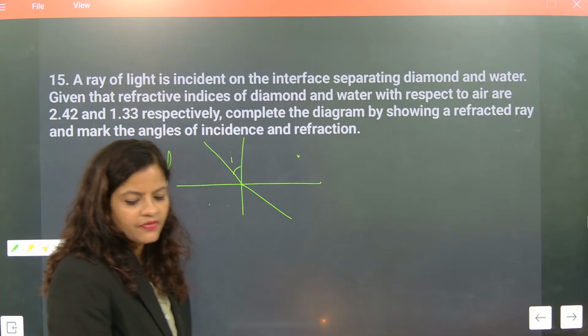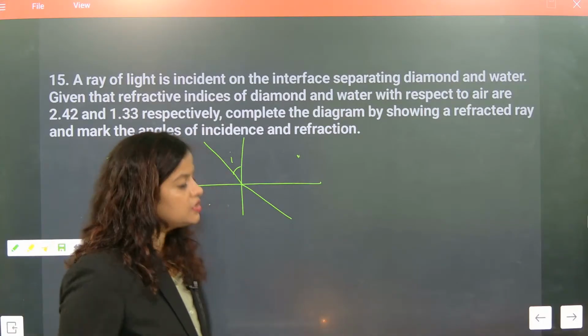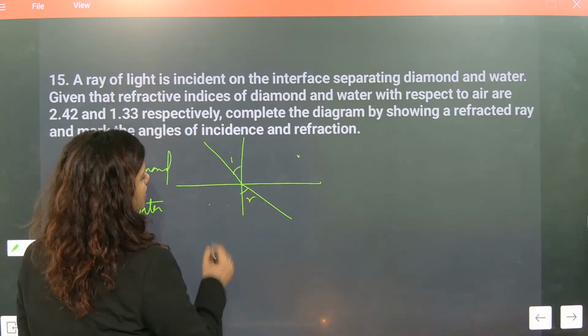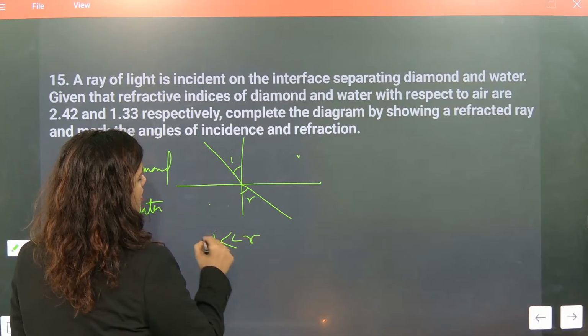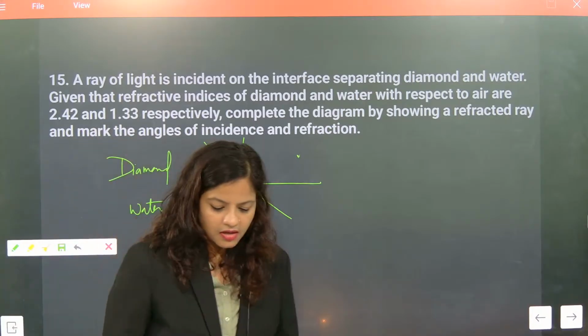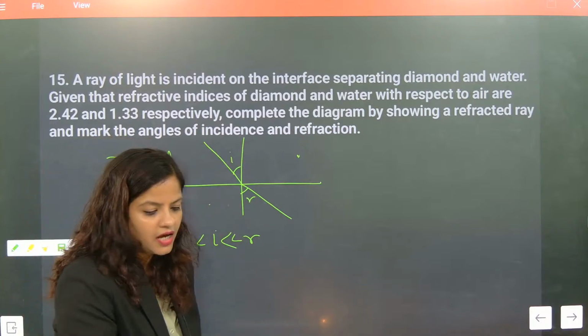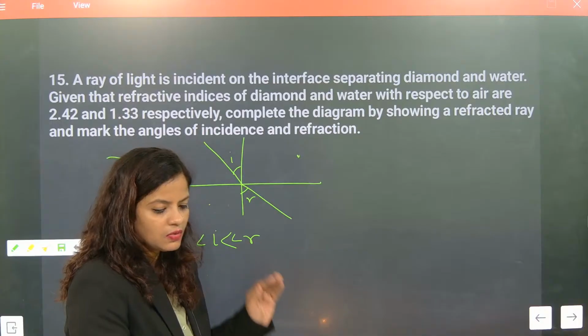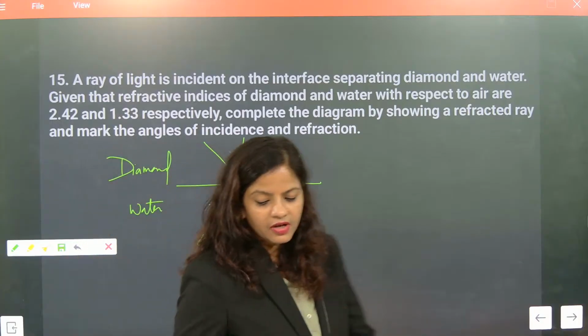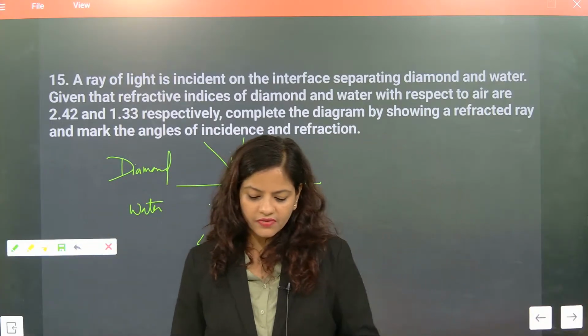Directly I will write it will bend away. Understood? So this angle of refraction, i will be lesser than r. That's the only content we need to check. That's the only thing we are going to write.